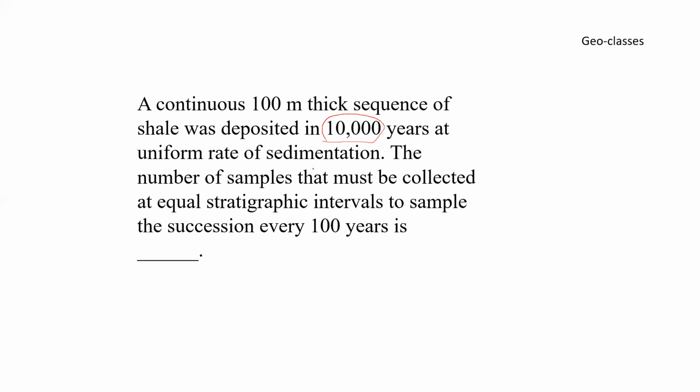And at a uniform rate of sedimentation, you want to calculate the number of samples, no matter what thickness, at every 100 years. So in 10,000 years, how many samples will be collected? 100 samples must be collected at equal intervals of 100 years, 1 century, right? Is it clear?